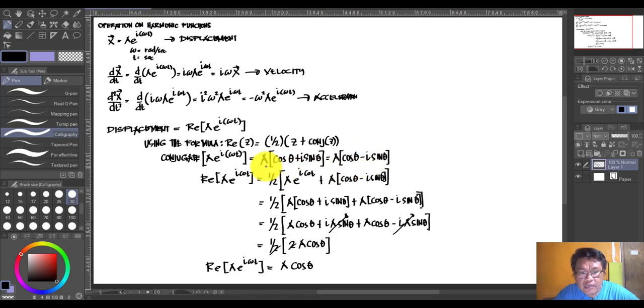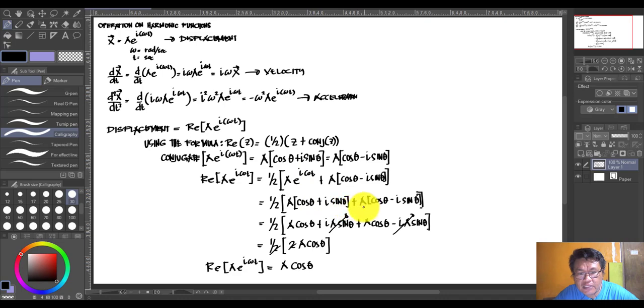Again, expanding this, we have 1/2 of A e raised to i angular velocity, which is the function of z, then plus A e, the value of the conjugate. Again we have cosine of theta plus i sine theta from my previous lecture.